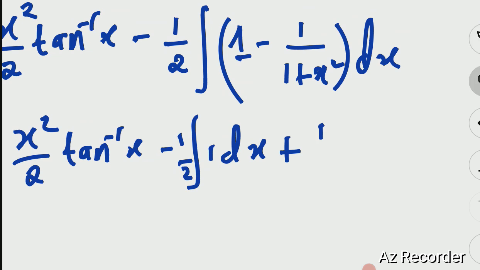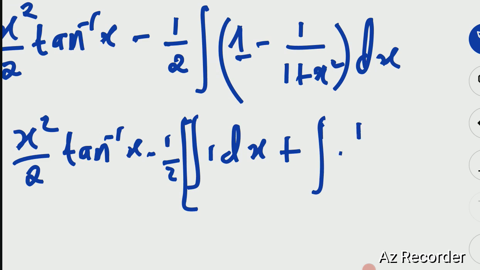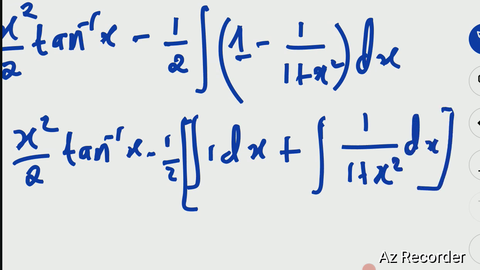I can keep out the negative half to make it easier. Let me keep out this negative half into what? Integrating everything in brackets. So we have the integral of 1, but what is the integral of all of this? So we have the integral of 1 divided by 1 plus x squared with respect to dx. Let me close the bracket.